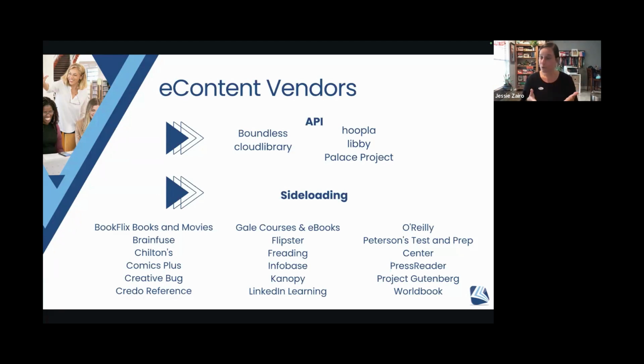We've listed a few common vendors that our partners have set up on their Aspen Discovery. And Bill and I's favorite part of all of our demos and sessions is where we get to show you all of our partners and the amazing things that they have done. So you'll get to see that next.